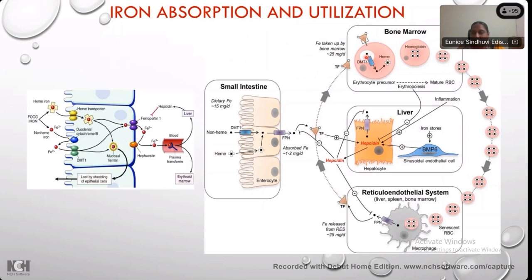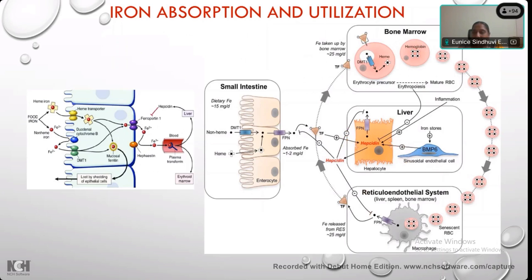It is then transported by DMT1, and this Fe2+ is used for heme synthesis, which is then incorporated into hemoglobin. In the liver, it is taken up by the same transferrin receptors, and it is mainly used as a storage site.